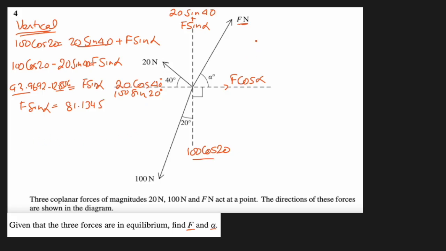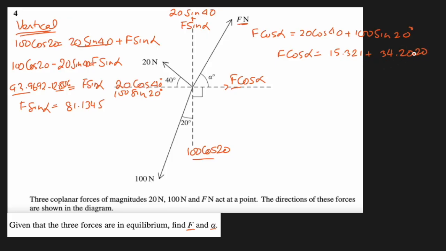Now we have to equate the horizontal ones. So in this case, F cos alpha, which is this way, will be equal to the sum of these two which are on right side. So equal to 20 cos 40 plus 100 sine 20. So F cos alpha equal to 15.321 plus 34.20.